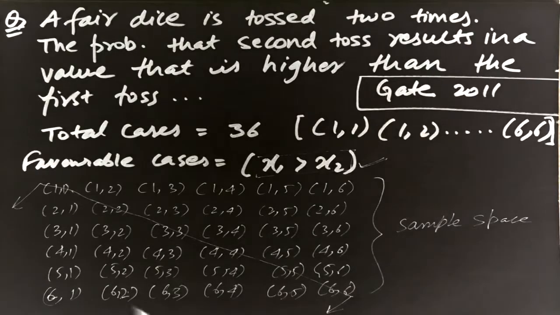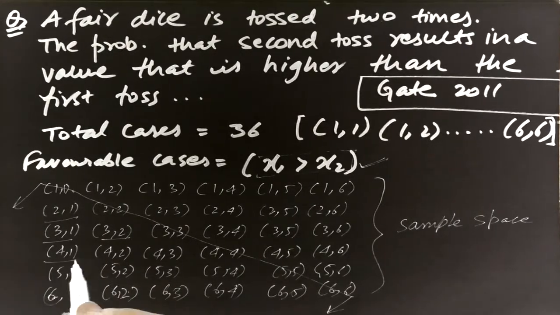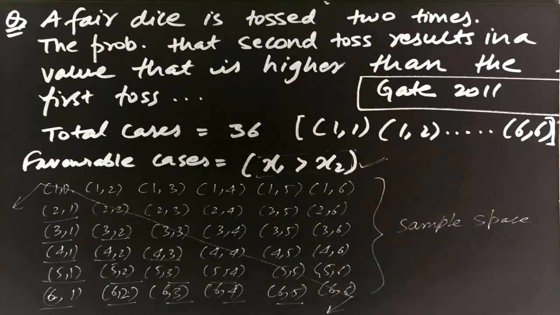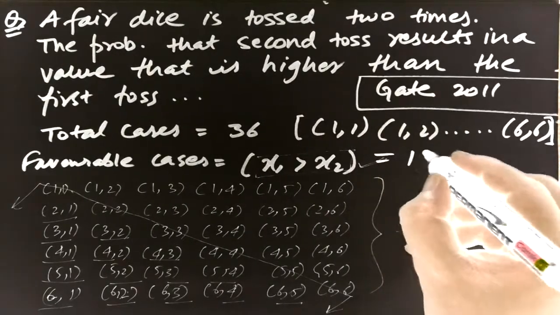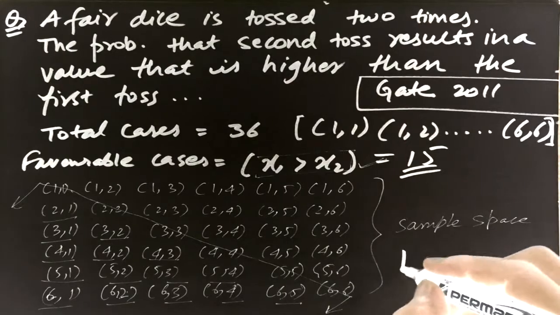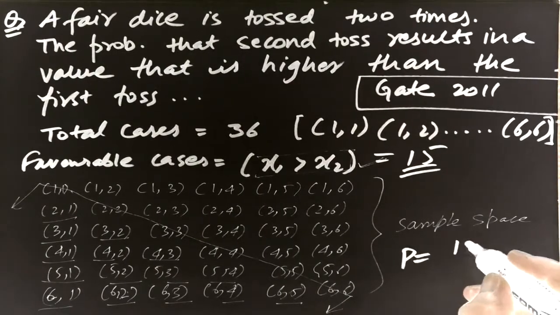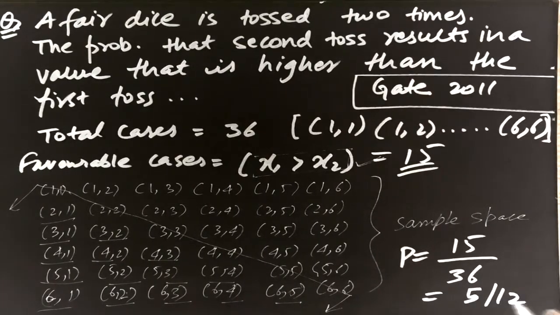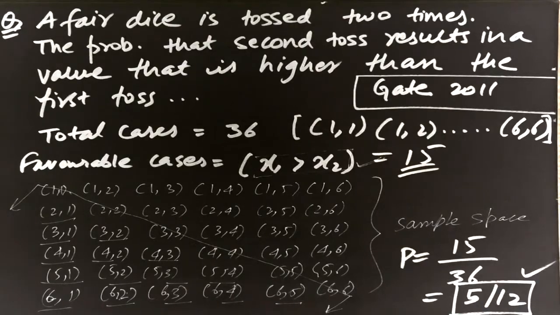Let's count: 1, 2, 3, 4, 5, 6, 7, 8, 9, 10, 11, 12, 13, 14, 15. So the favorable cases are 15. Now we can easily find the probability, that is 15 divided by 36. We will solve it further and get 5 upon 12. This is the answer.